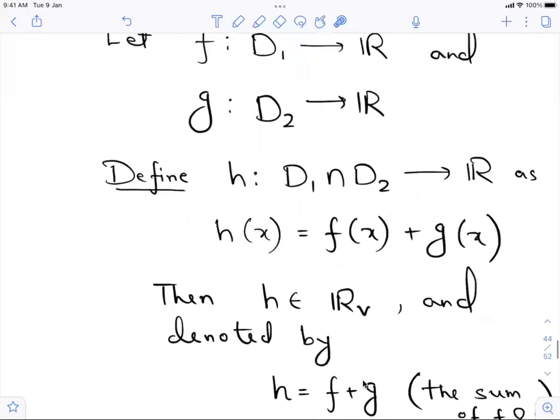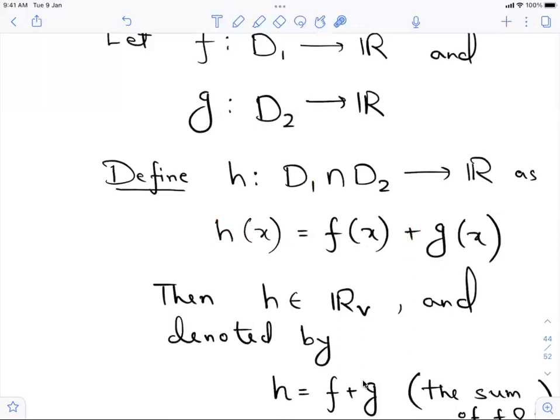First of all, addition. So h is defined from d1 intersection d2 to R as simply h of x equals f of x plus g of x. This is what I meant when I said pointwise. Basically we are adding two real numbers. How am I defining this function h of x?